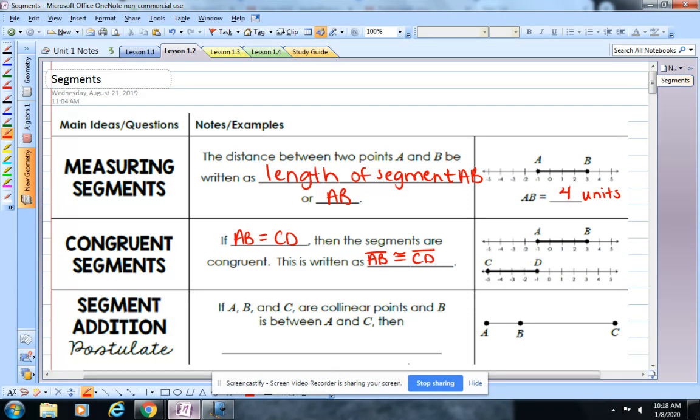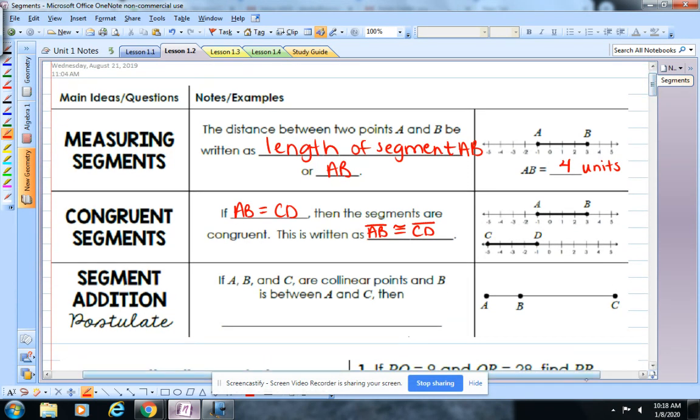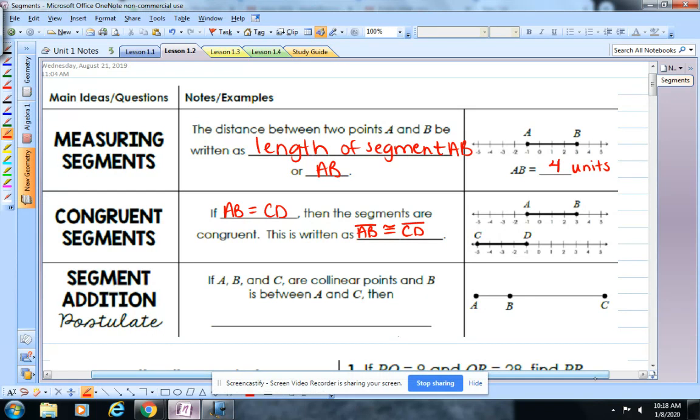The next thing we're going to talk about is one of our very first rules in geometry. It is our very first rule in geometry, and it's called the segment addition postulate. I'm going to use this little picture over to the right as our example.